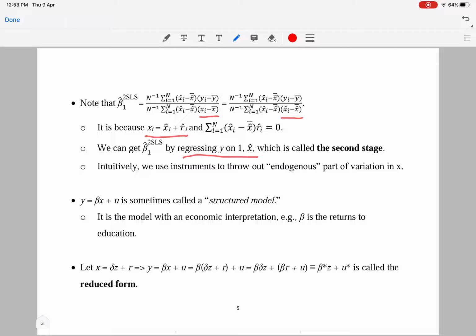Traditionally, in the past, when we didn't have good software like Stata, that's how people implemented two-stage least square. They actually ran two regressions, the first stage and then the second stage. Nowadays, you don't have to do that in Stata or in modern software.